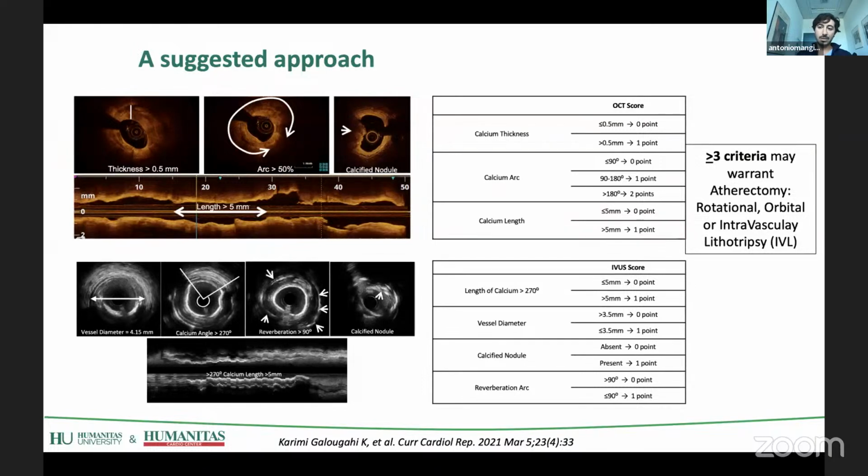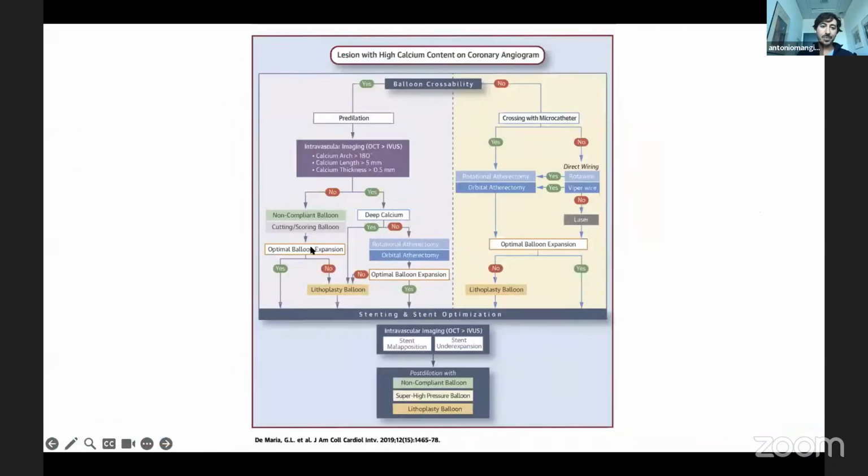We are not able to understand the quality of the calcium, like we do, for example, with the CT scan of TAVR patients. Using the Hounsfield unit, we can understand the density of calcium, but this is not read by intravascular imaging. And so sometimes, even if we apply some scores, we can have some surprises.